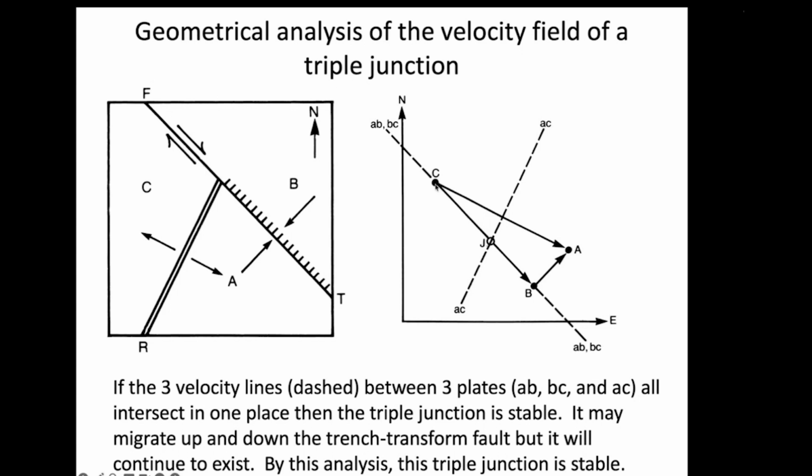A is moving relative to B like that, and B is moving relative to C like that. So you end up with this kind of a thing. And the rule, which will be very useful on the midterm, is if the three velocity lines, which are dashed between the three plates, all intersect in one place, then the triple junction is stable. It may migrate up and down the trench transform fault, but it will continue to exist looking like this. By this analysis, this triple junction is stable.